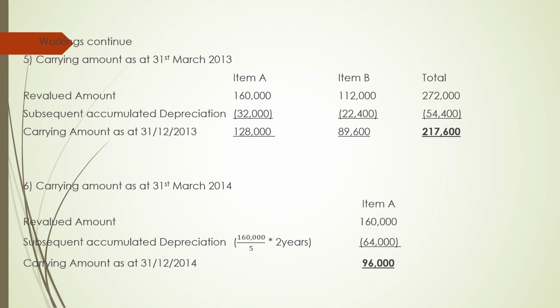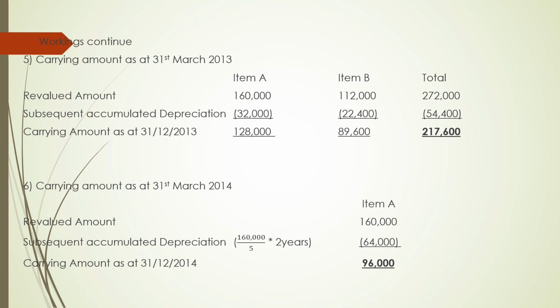So as at 31st March 2013, item A was revalued at 160,000, and then we had calculated our depreciation to be 32,000 for item A. Remember, in our previous workings, okay? So this gave us a carrying amount for item A of $128,000 when we subtract the $32,000 from the $160,000.